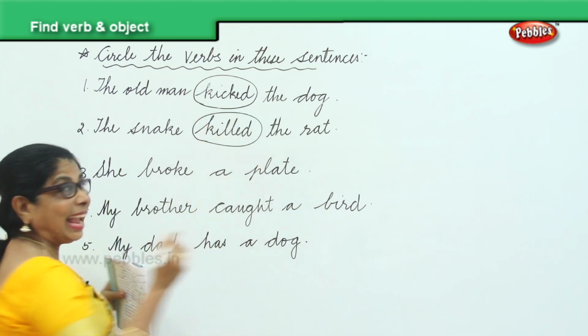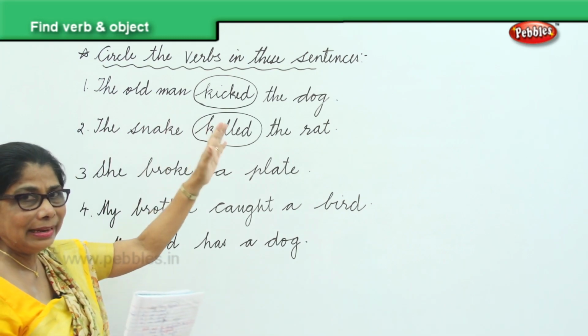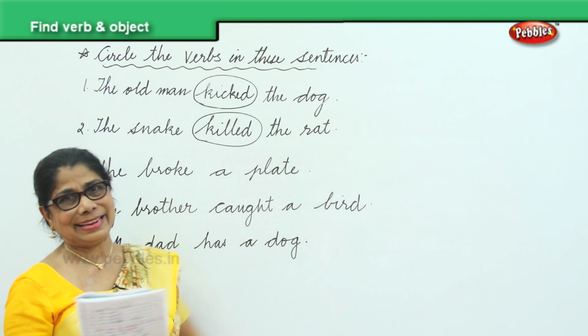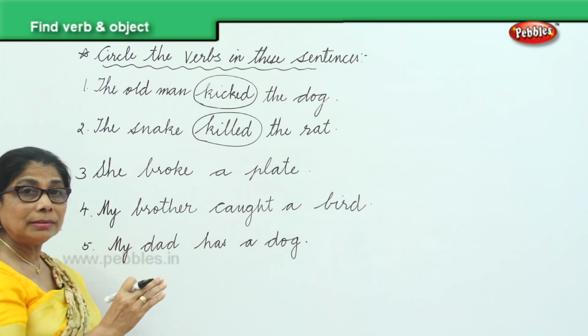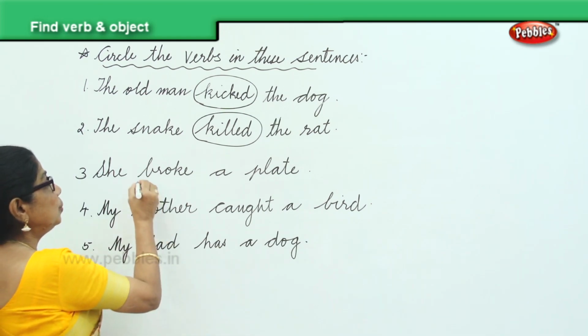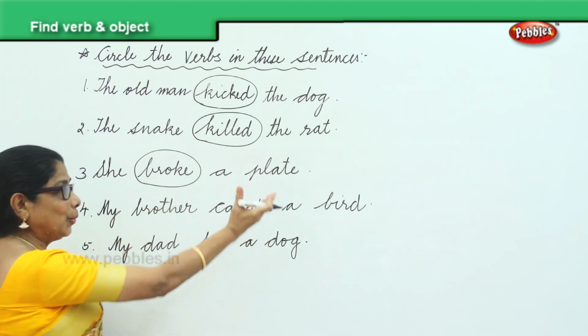That's the verb, the action. What is the object here? The object that the snake killed is the rat. Got it? Okay. Next we have, she broke a plate. She is the subject. What did she do? She broke. What object did she break? The plate.